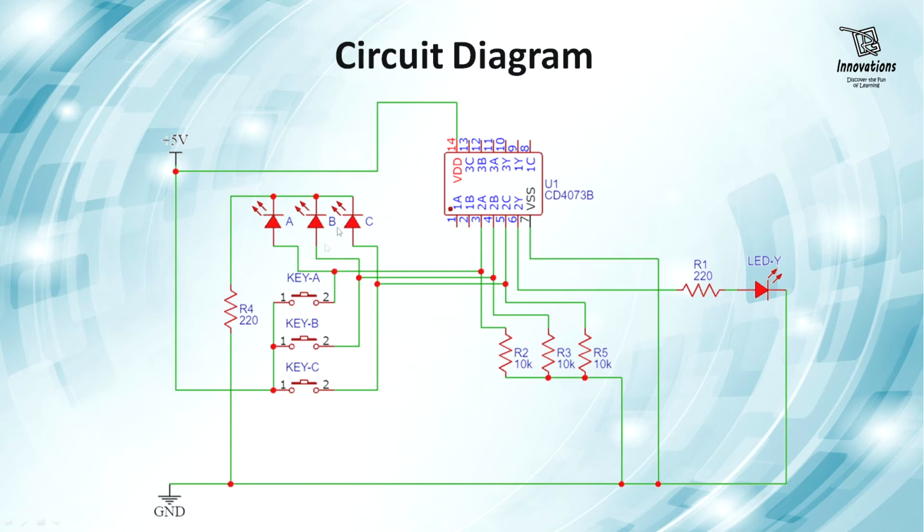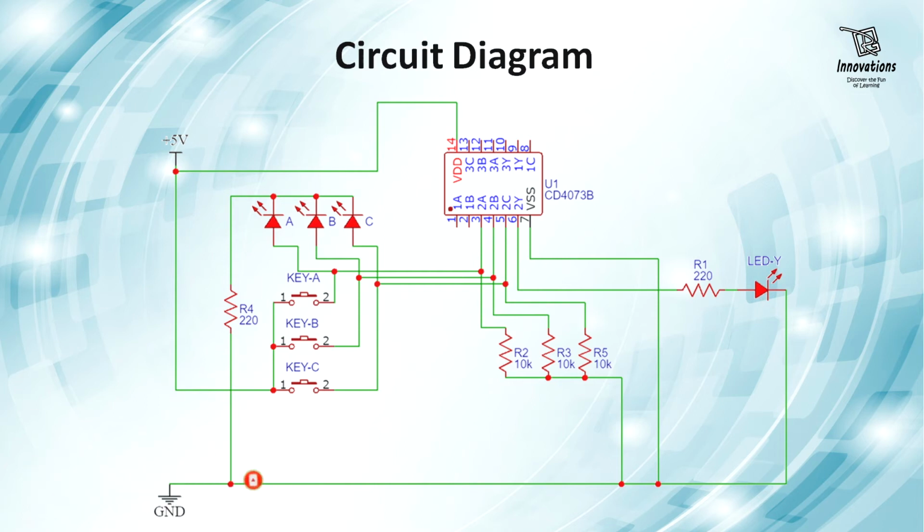We have connected 3 LEDs with these switches to indicate the status of the input. If the input is high, the LED will glow, and if the input is low, the LED will not glow. From pin number 6, we have connected one LED via a current limiting resistor. This LED shows the output status. When the output is high, this LED will glow, and when the output is low, it will not glow. So this is the circuit.